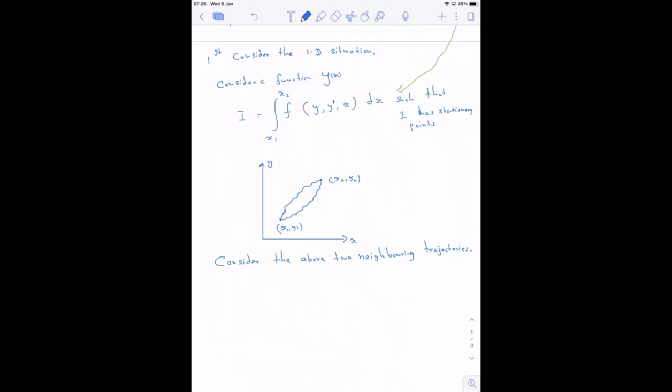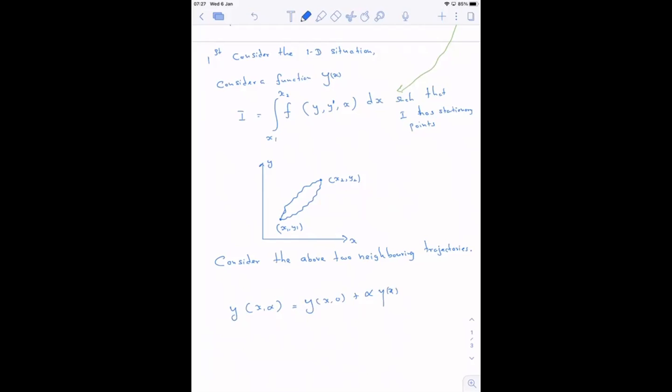And let me write it in this way. So let's say this is one of the curves, and if I want to go to the next one, I'm going to use a parameter called alpha and another function eta of x. Now this alpha is basically the amount of change that I have from one curve to the other curve, right?